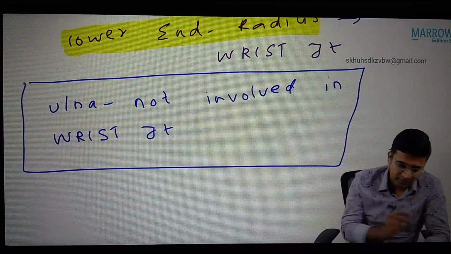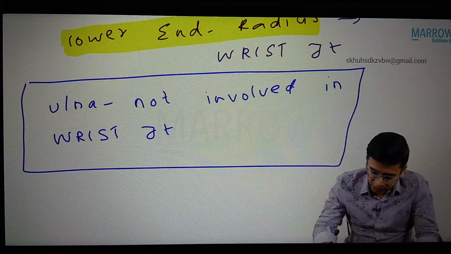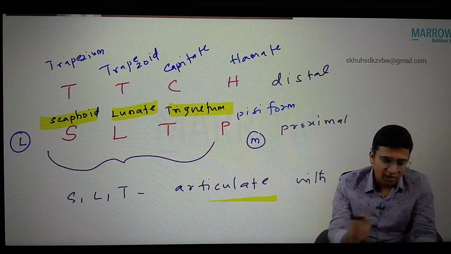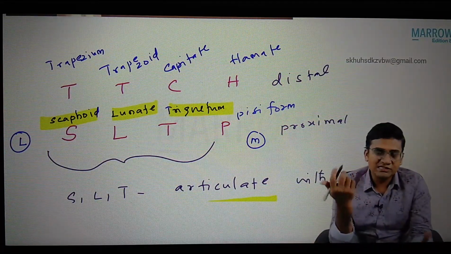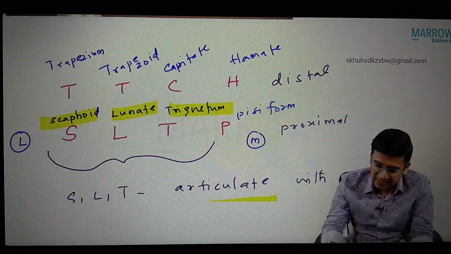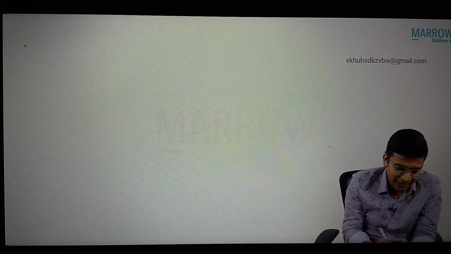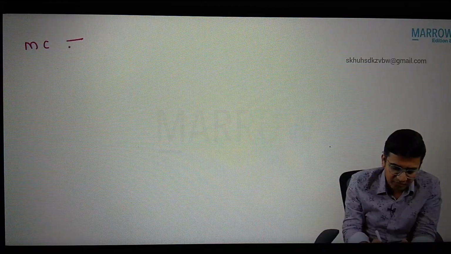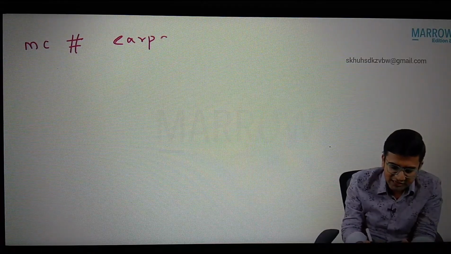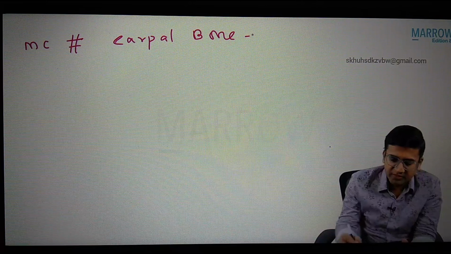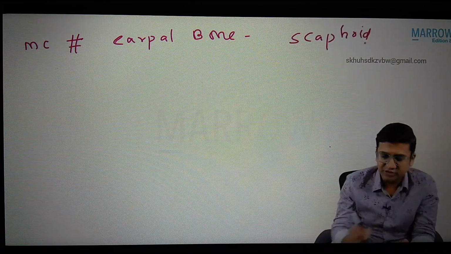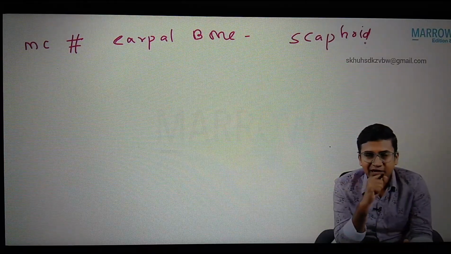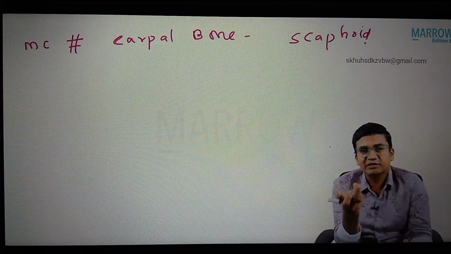Okay, right. Now we're going to discuss some more points about these carpal bones. Among the carpal bones, fracture is most commonly seen in scaphoid. So please write: most commonly fractured carpal bone, scaphoid. Okay, right. So in the case of fractured scaphoid, the patient has pain or tenderness in the anatomical snuff box.